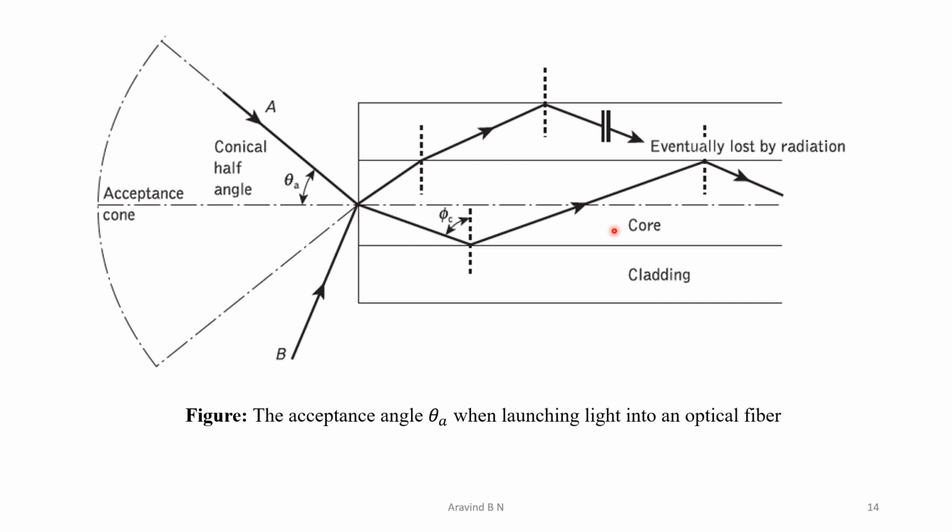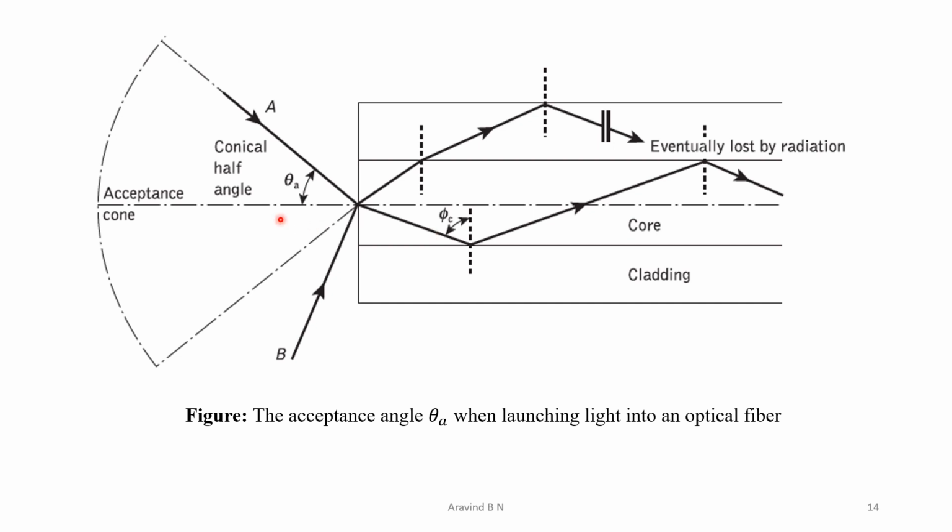Now the reason what we have to understand over here is, from air medium to the optical medium, when the light enters with a certain angle, then only inside the optical fiber it will satisfy the criteria of total internal reflection.